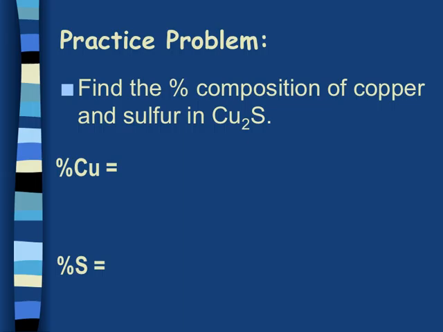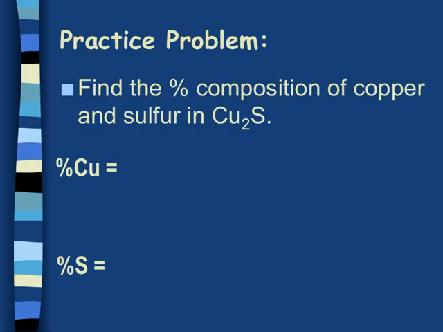We're going to go through and find the percent composition of both elements within that compound. We have copper and we have sulfur. So when I'm finding the mass of each element, I have to include the subscript as well. So if I've got Cu2S, then if I'm using the mass of the copper, how many coppers do I have? 2.